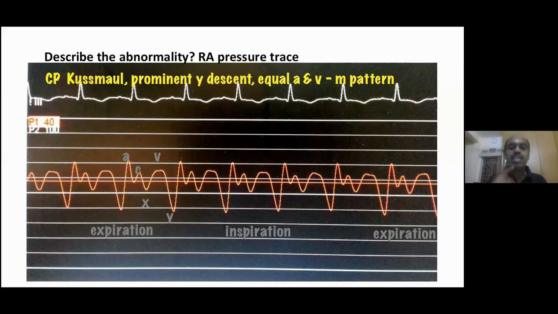Whenever there is an inspiration, there is an augmentation of all the right ventricular events. Right ventricular ejection increases, right ventricular contractility improves, right ventricular stroke volume increases, but RV pressure reduces. RV pressure reduction does not mean RV flow is reducing. Flow is increasing, pressure is reducing.